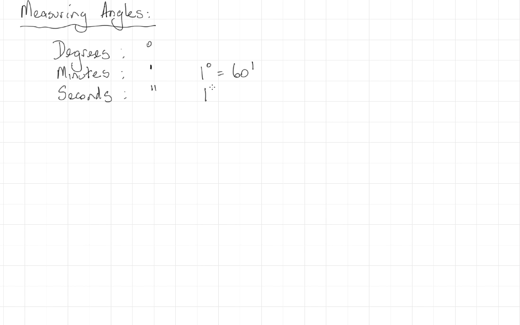And so 1 minute equals 60 seconds. So if there are 60 seconds in a minute and 60 minutes in a degree, then 1 degree equals 3,600, 60 times 60 seconds.